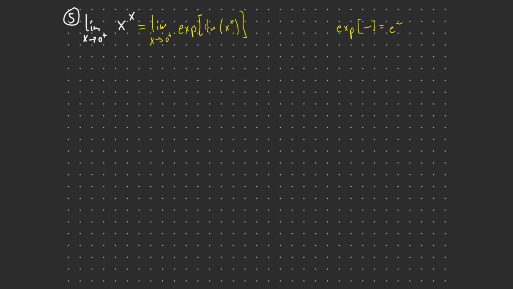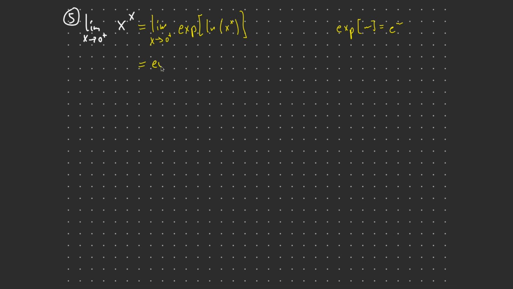But from here, we can do some trickery. Oh, actually, no, we don't want to jump straight to the limit. The point is that we want to use the fact that the exponential function is a continuous function to move this limit to the inside.